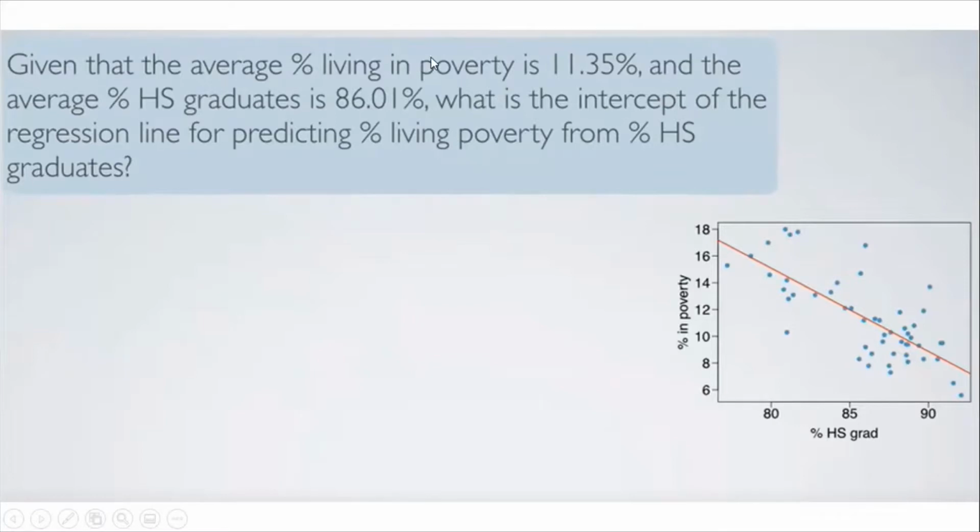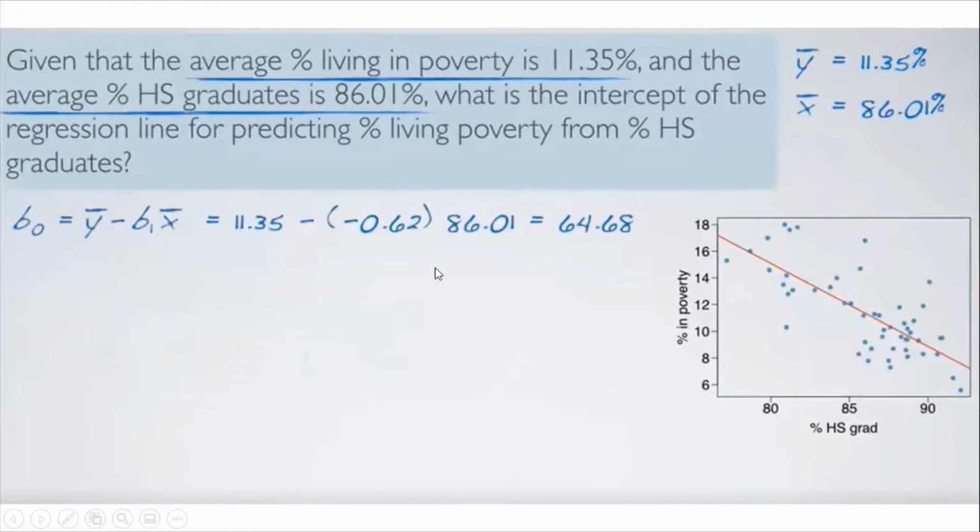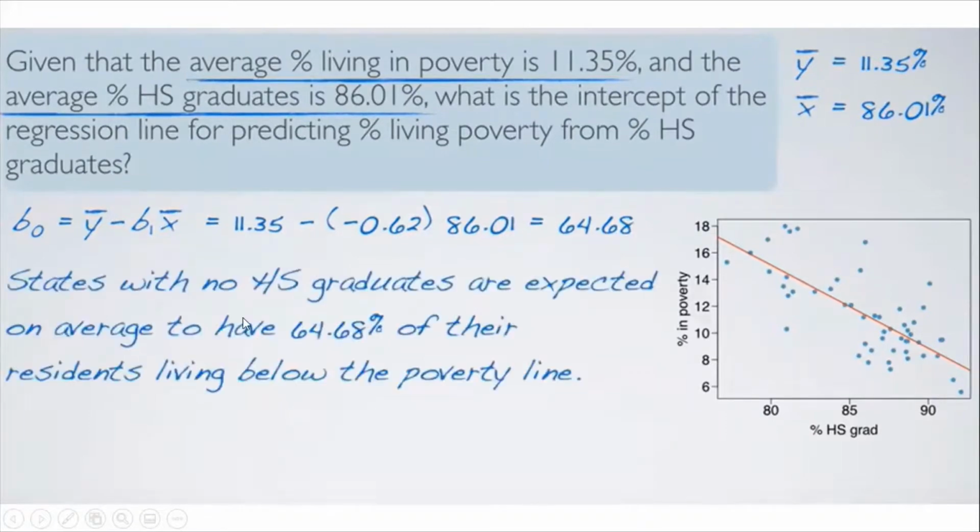Given that we have the mean, and then we got the intercept, we plug the values into the formula, and we got an intercept value of 64.68. So how do we interpret this? States with no high school graduates are expected on average to have 64.68% of their population below the poverty line.